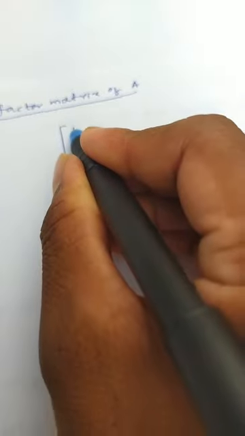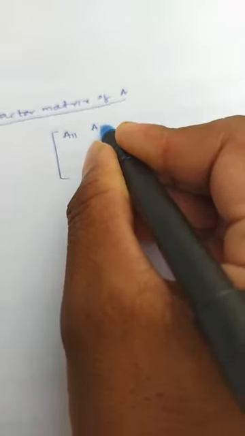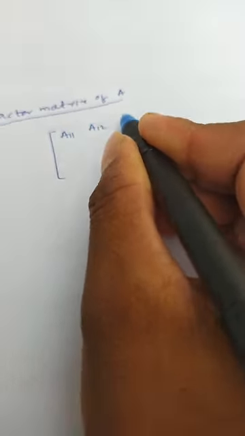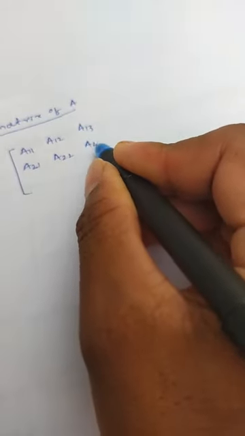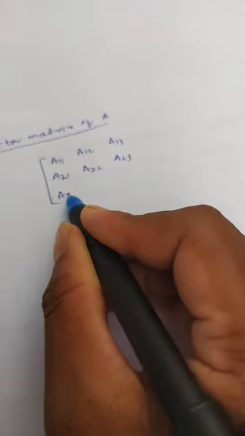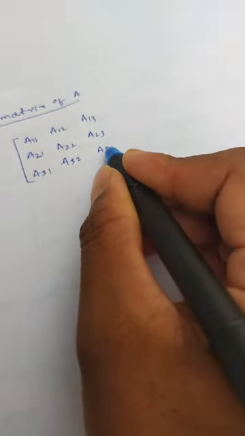So I am arranging the cofactors A11, A12, A13, A21, A22, A23, A31, A32, A33.